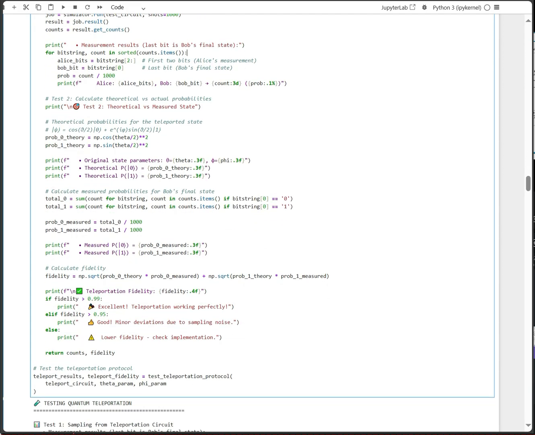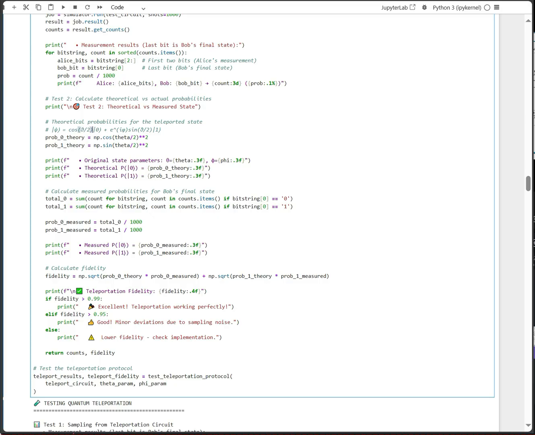And then you have the second test, which is the theoretical calculation versus the actual probabilities. Remember that we have the math, that's the actual probabilities, and then the calculated theoretical way. Here I just define some probability theory. Remember that we have cos theta over 2 and sin theta over 2 for the probability of the states, at least as the coefficients of the states here.